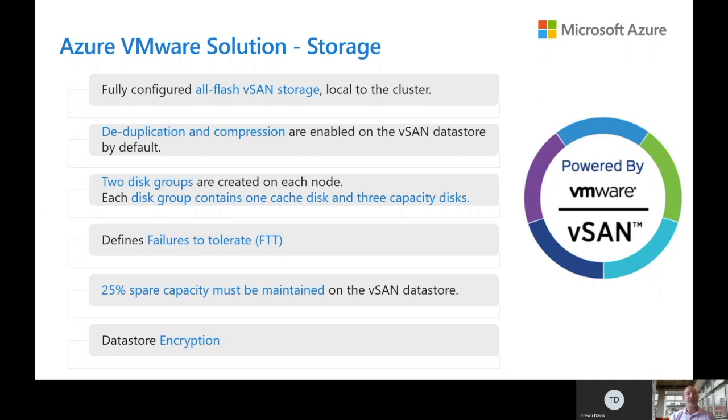You are able to define whatever failures to tolerate you're comfortable with, 1 failure to tolerate, 2, etc. And like with any vSAN environment, be it running within your data center or here, you need to maintain 25% spare capacity for vSAN operations. And then out of the gate, the cluster is encrypted. That vSAN data store is encrypted.